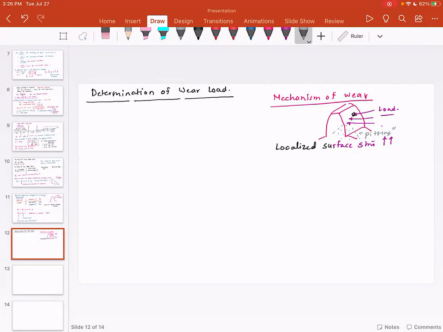Now this load Ww is given as dP times B times Q times K. So wear load is always determined for the pinion. This is another equation determined using Buckingham theory.